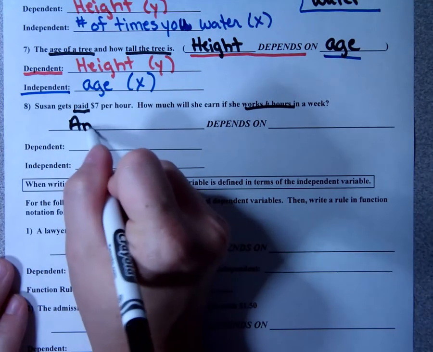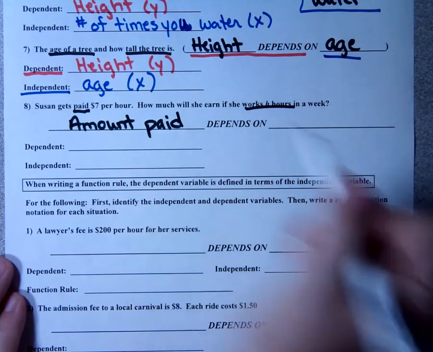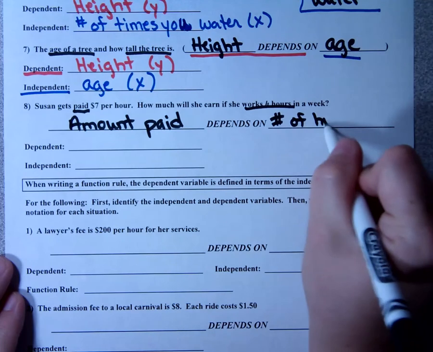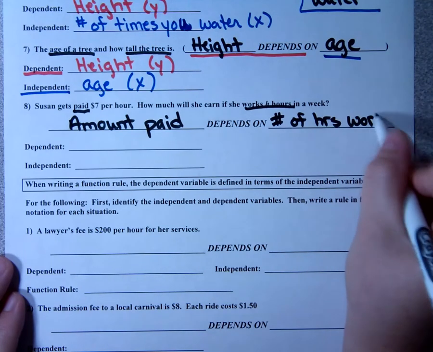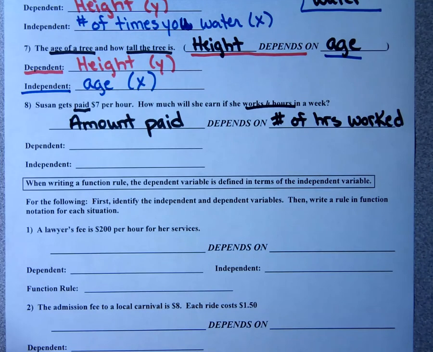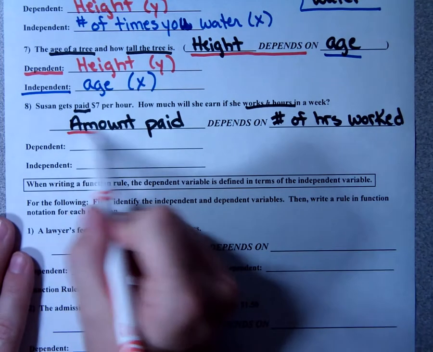I'm hoping you think the amount she gets paid depends on the number of hours she works. So which one's our dependent variable?